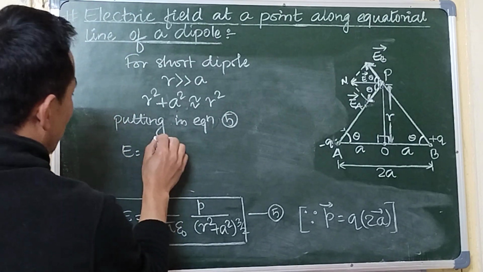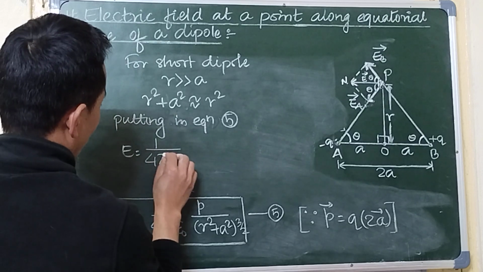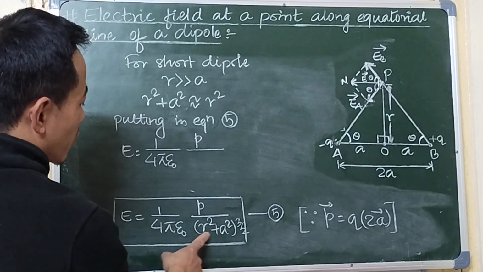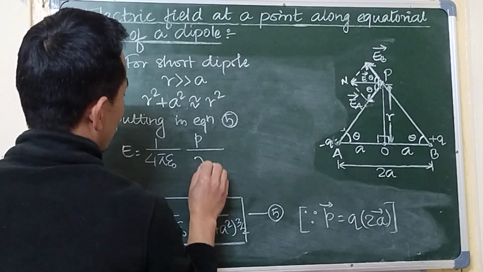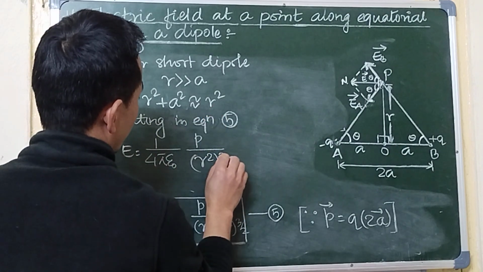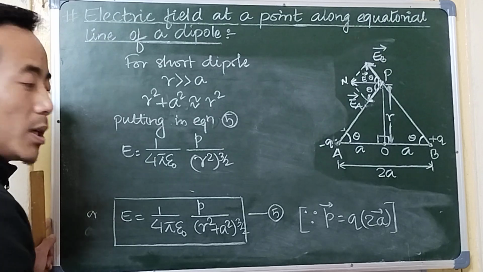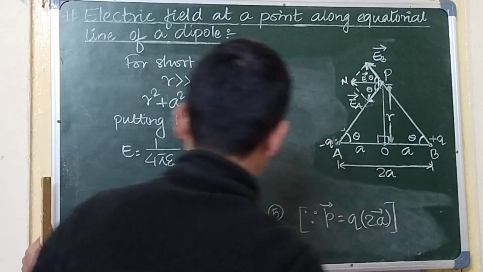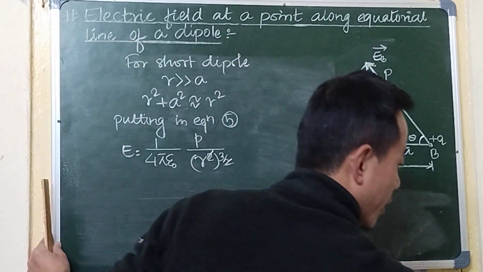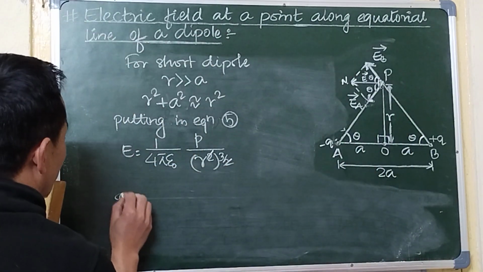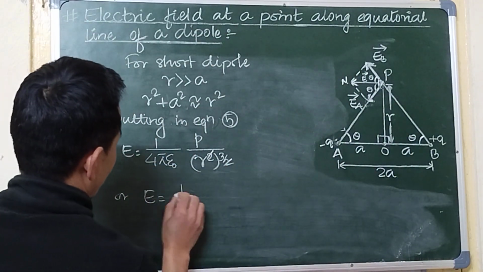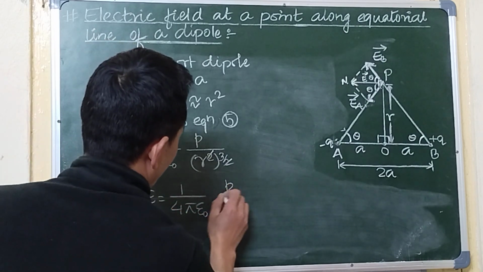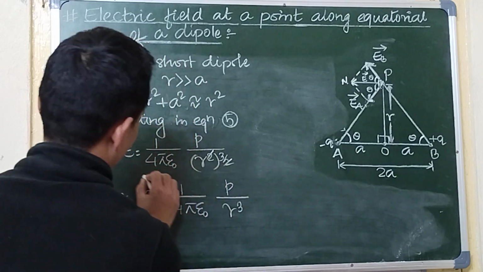E is equal to 1 by 4 pi epsilon naught P divided by R square plus A square, which can simply be written as R square only, so this becomes power 3 by 2. Here the 2 and 2 cancel, so our final equation is E is equal to 1 by 4 pi epsilon naught P divided by R cube.